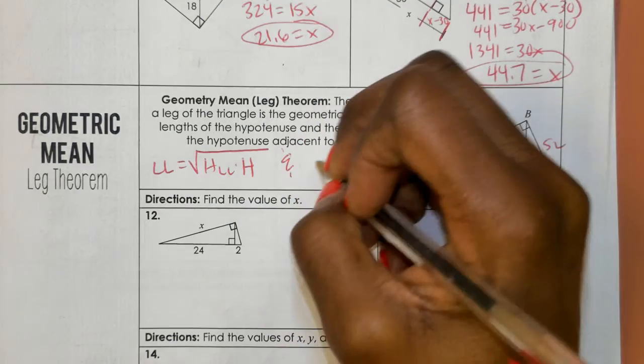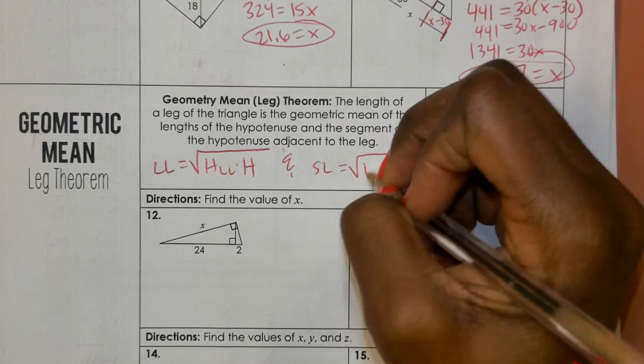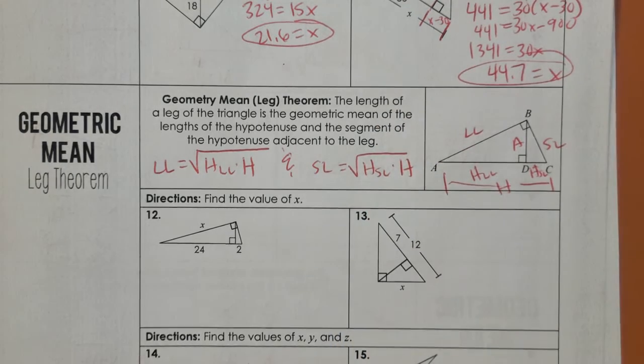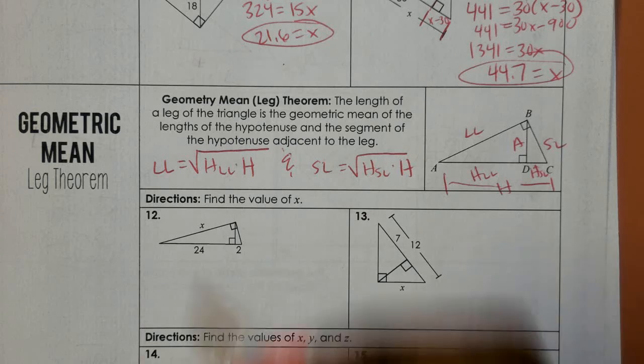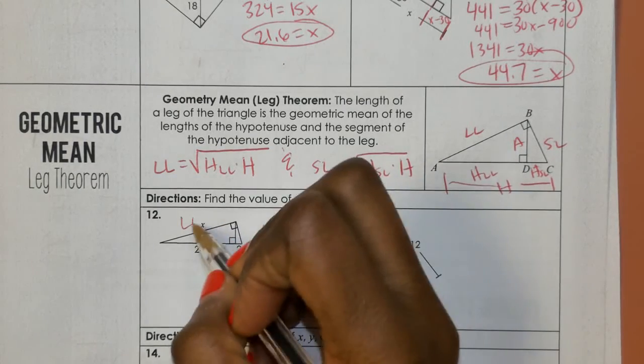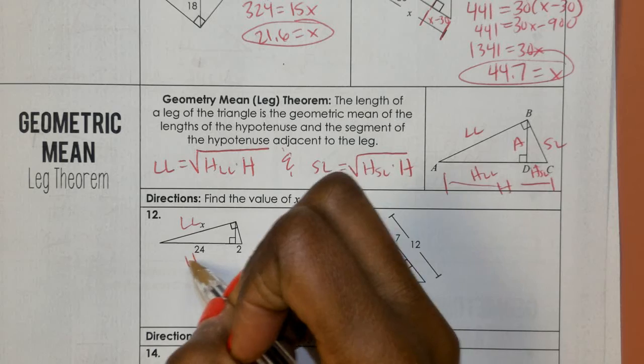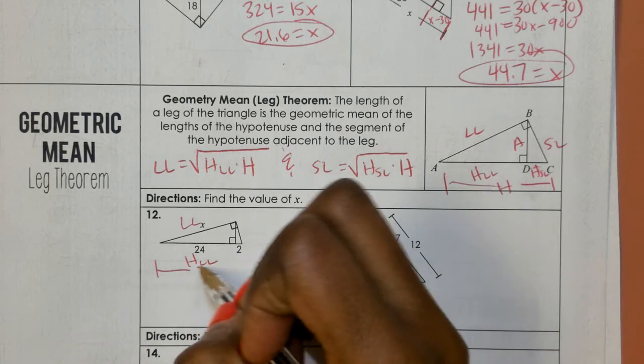And the short leg is equal to the square root of the HSL times the hypotenuse. So basically what you're making sure you can do is identify these segments in the picture. So you're looking for this long leg to equal the piece closest to the long leg on the hypotenuse and the total hypotenuse.